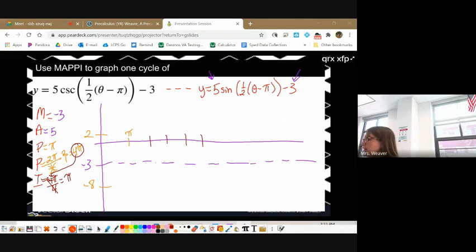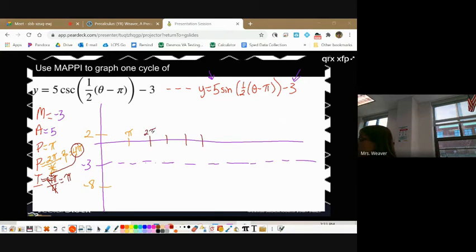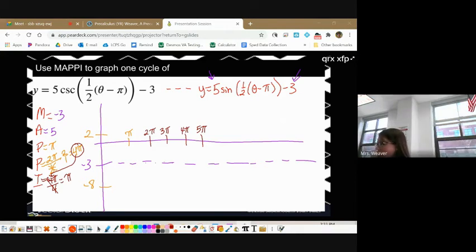So starting at pi, counting by pi, my next key points are going to be 2 pi, 3 pi, 4 pi, 5 pi. So I started at pi, 4 pi units later, I'm at the end of my cycle. We've got our 3 key y values, 5 key x values. We are ready to go.